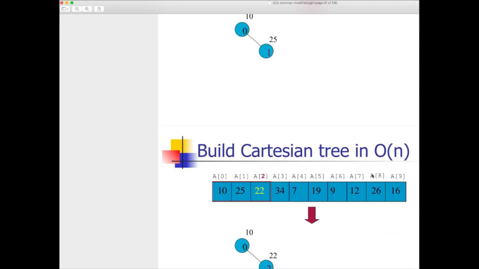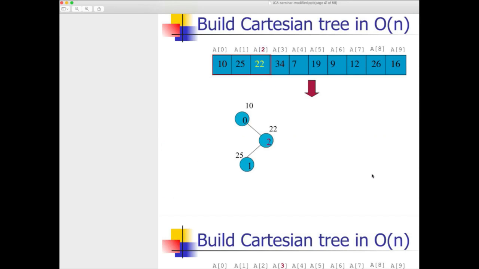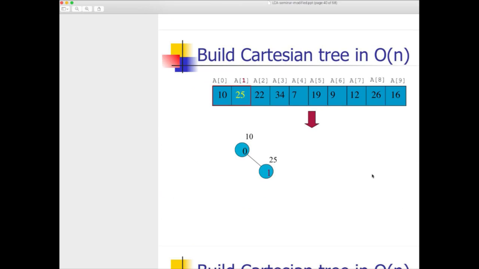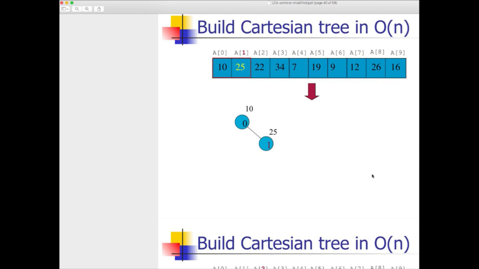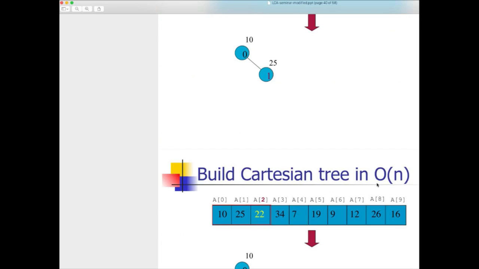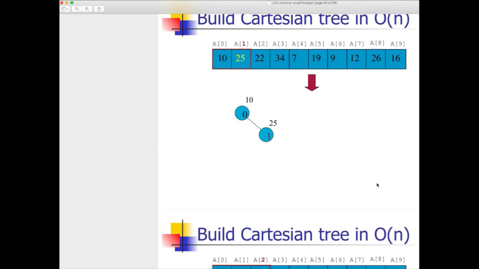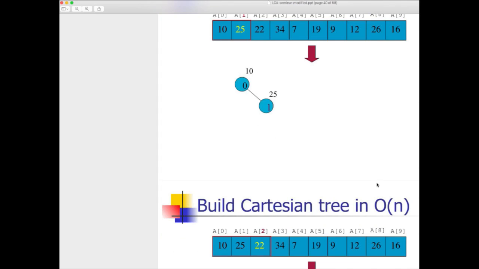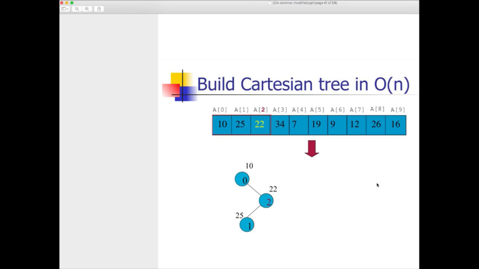This shows you how the tree is formed, and this specific example shows how it rearranges when a smaller value comes in after a bigger value. So 10, then 25, and when 22 came in, it climbed one level up because it was smaller than 25. So you want to divide at 22.